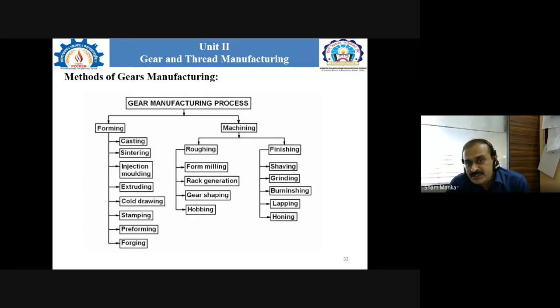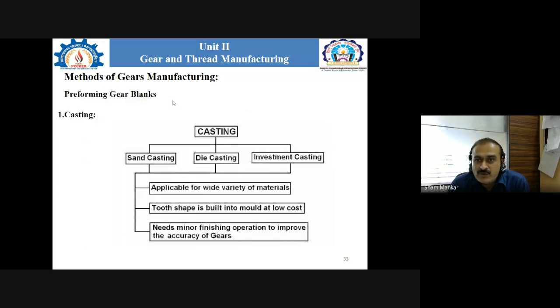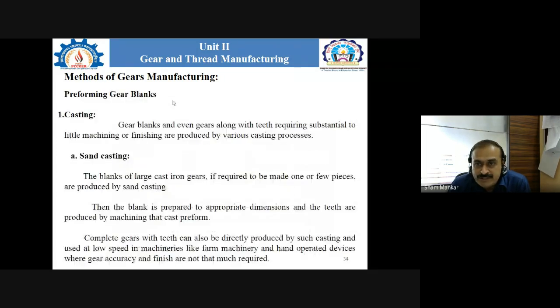So far as the machining process is concerned, whether it is a roughing process or a finishing process, definitely in the machining process we have to remove the unwanted material to convert the raw material into the required shape. So material removal is there in the machining process, whether it is a finishing process or a roughing process. That is the main basic difference.